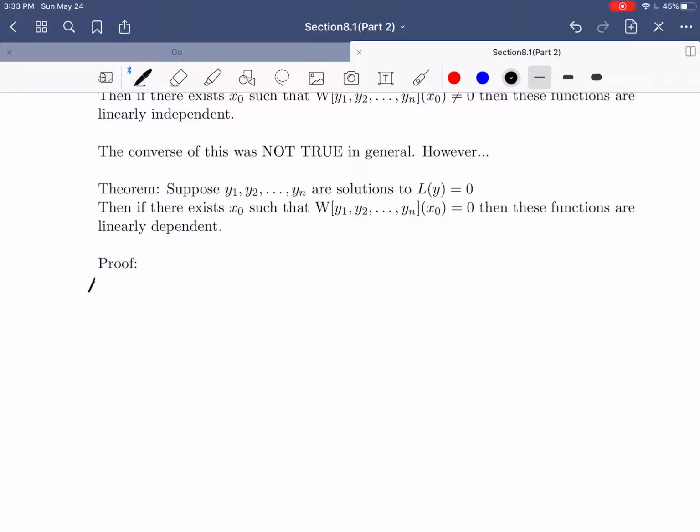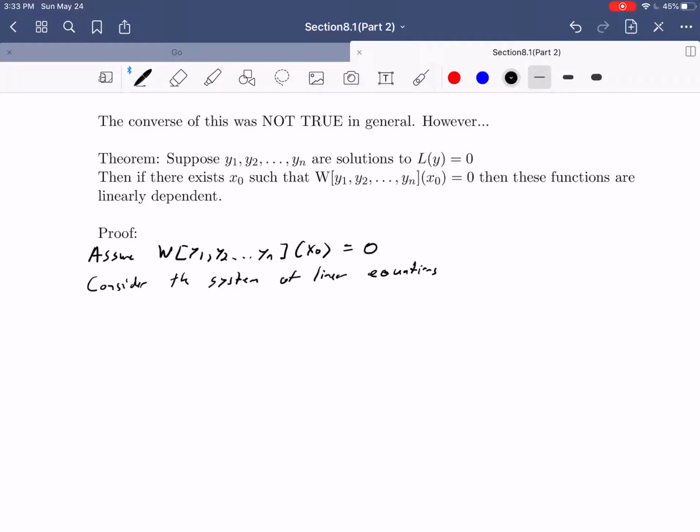So we're going to start by assuming that the Wronskian of y1, y2, yn at some x0 is equal to 0. And we're going to consider the system of linear equations. This is going to look a little bit weird, but this is what we're going to consider here. y1 at x0 times c1, plus y2 at x0 times c2, plus dot dot dot, yn at x0 times cn equals 0.